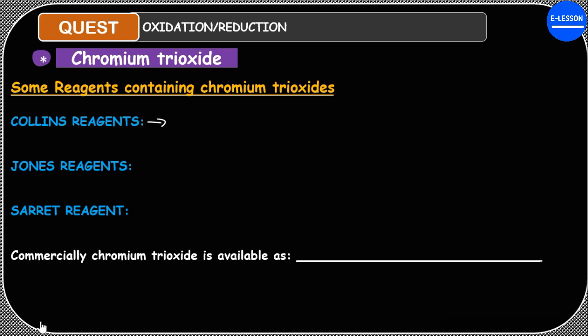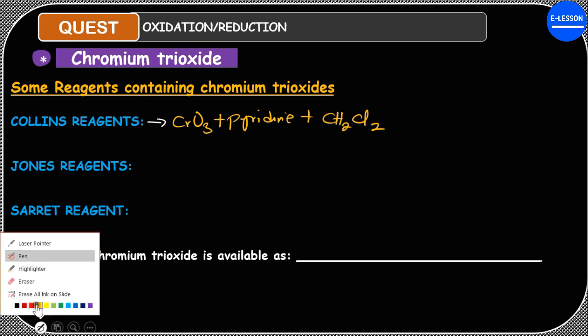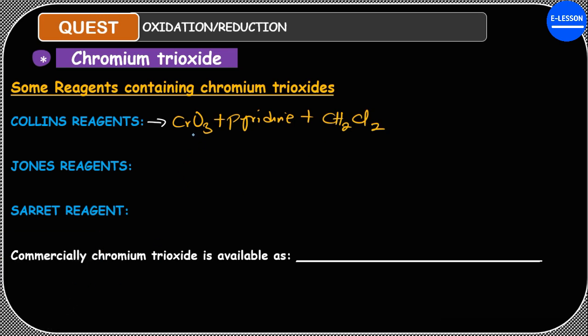So we can say the Collins reagent comprises chromium trioxide plus pyridine. So we have CrO3 plus pyridine plus dichloromethane. Dichloromethane is something like this, CH2Cl2. Now this CH2Cl2 plus chromium trioxide plus pyridine is what forms the Collins reagent.